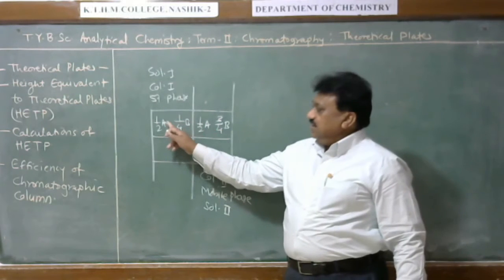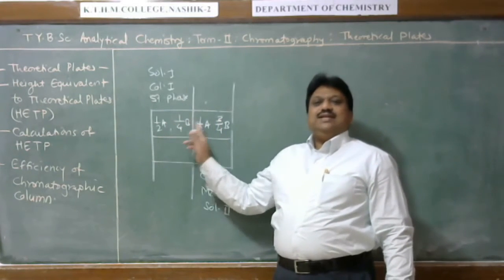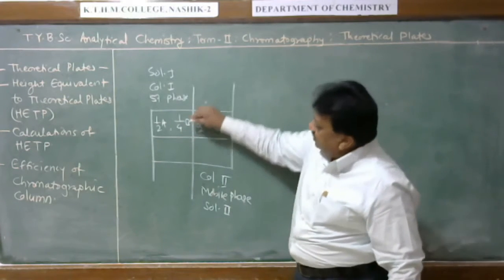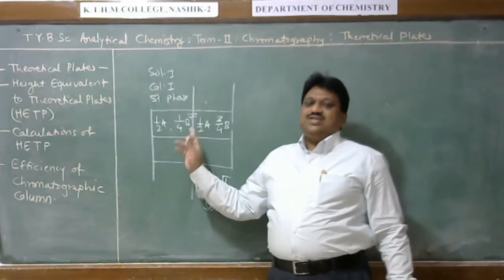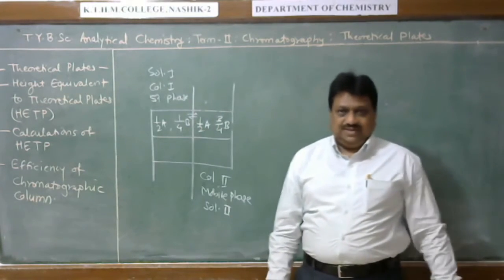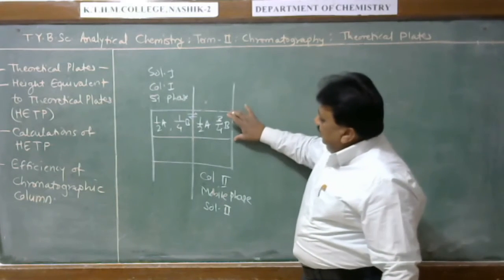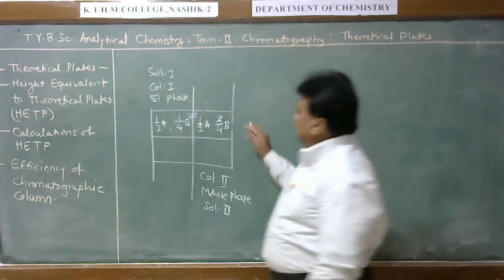Now this is a stationary phase, this is a mobile phase. Though it contains two boxes, this is a single box in which these components get distributed between the stationary phase and the mobile phase. Therefore, in chromatography, each box represents a theoretical plate.